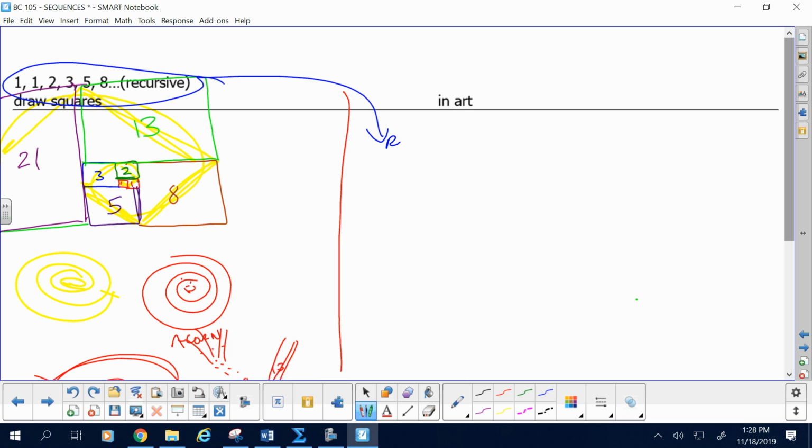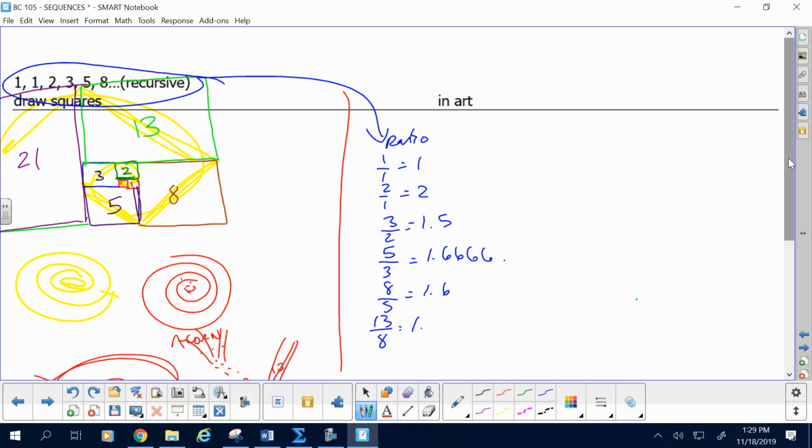Look at the ratio of terms. 1 to 1 is obviously 1. 2 to 1 is 2. 3 to 2 is 1.5. Are you with me? Okay. 5 to 3 is the next ratio. It's 1.666 and so on. 8 to 5 is 1.6. 13 to 8, you start to see a limit to these terms.